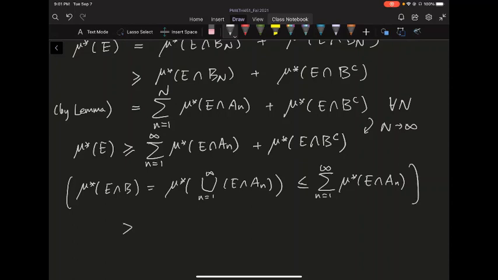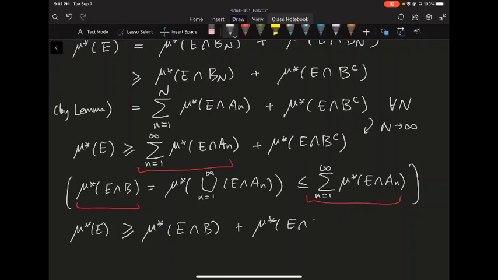So you get this whole thing: μ* of E is greater than or equal to the μ* E intersect B plus the μ* of E intersect B complement. And again, this is actually enough because the other inequality is trivial. You just use the subadditivity. So this proves that B is μ* measurable, so B is in the σ-algebra.